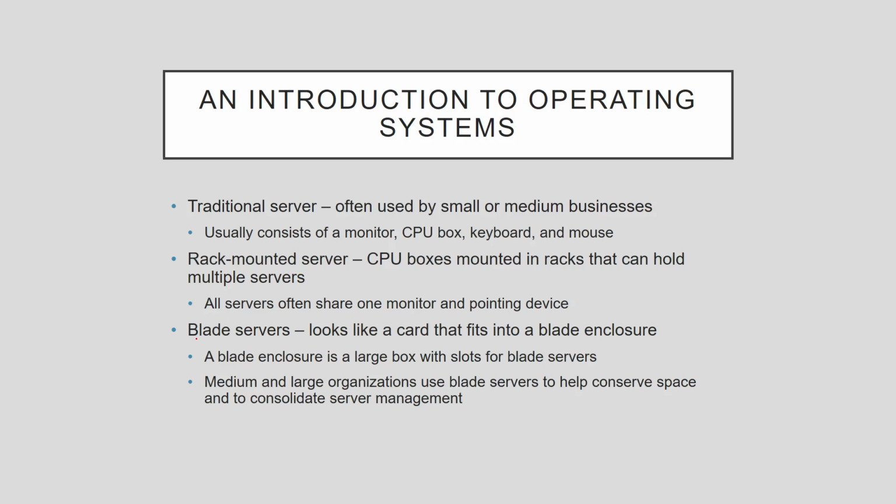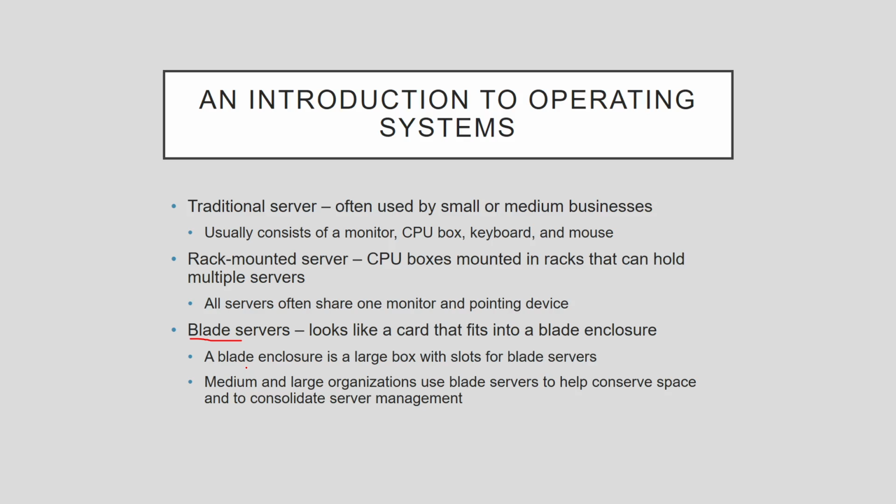The third one, the blade server, conserves even more space than rack mounted servers. Each blade server typically looks like a card that fits into the blade enclosure. The blade enclosure is a large box with a backplane that contains slots for blade servers.